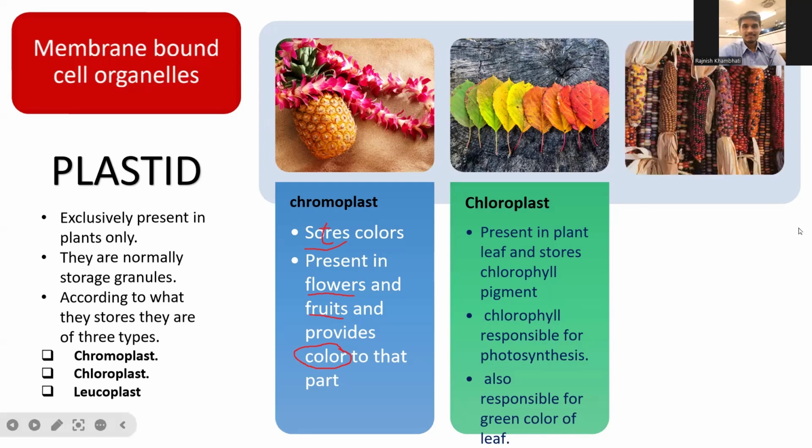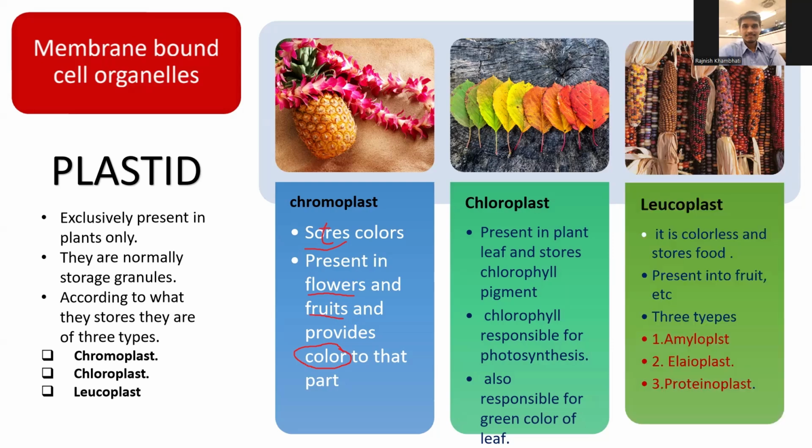The third one is leucoplast. Leuco means colorless. Leucoplast means it is colorless. They do not store color, they store food. If they store food, they are present in fruits, seeds, etc. Wherever a food is stored, it is a leucoplast.